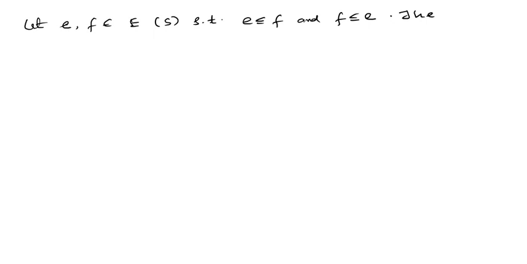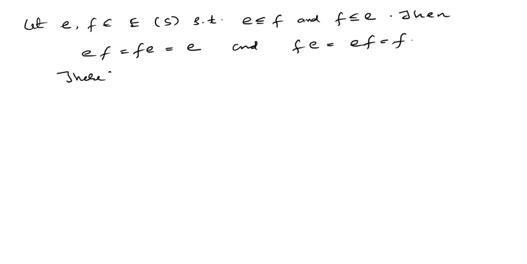Then by definition of order, it means that ef is equal to fe is equal to e, and here fe is equal to ef is equal to f. So therefore e is equal to f. Therefore e is equal to f. So which implies that this relation is antisymmetric. It's antisymmetric.